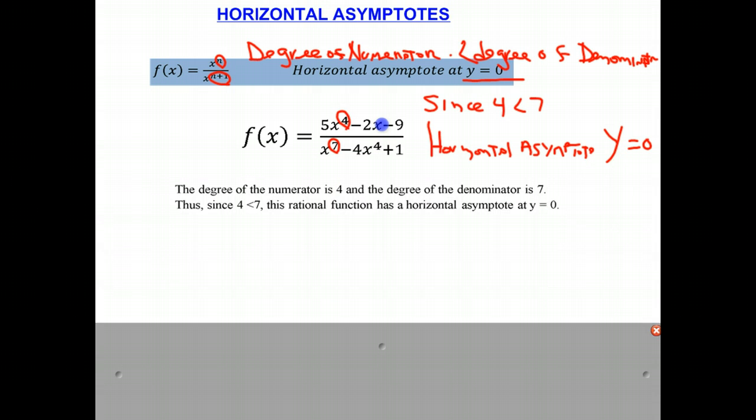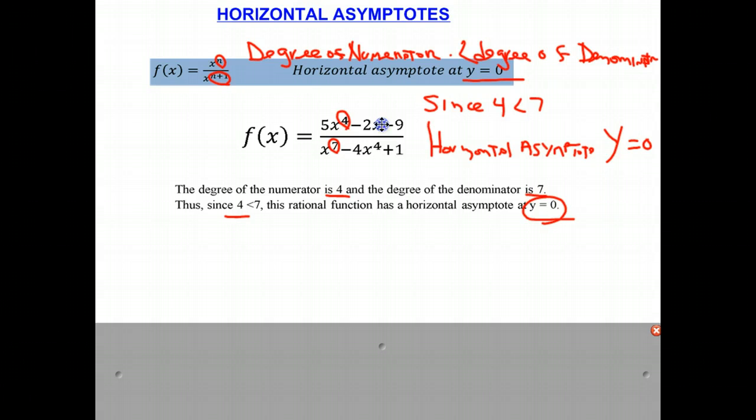And just to summarize that, once again, the degree of the numerator is 4, and the degree of the denominator is 7. And since 4 is less than 7, this function has a horizontal asymptote at y equals 0.